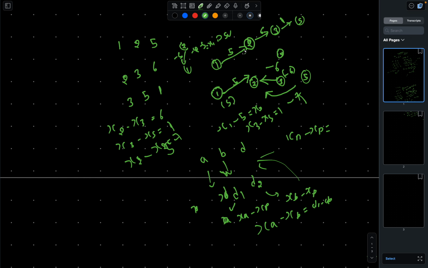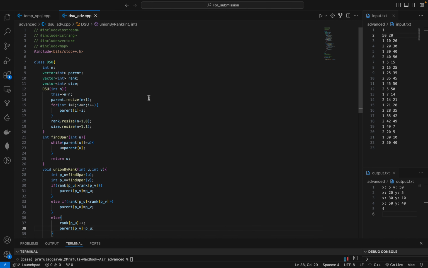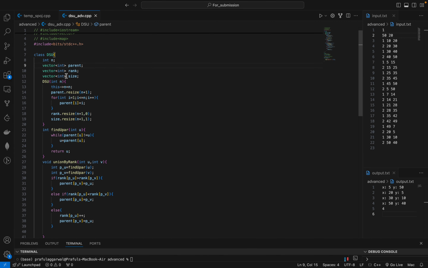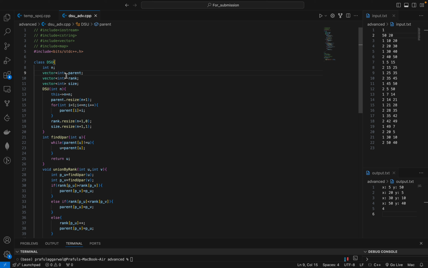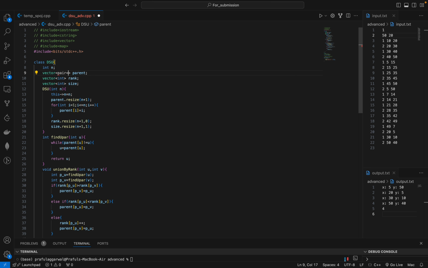Okay, so now how are we going to implement this in code? Let's see. This is a normal disjoint set. What we want to change is, we not only want to store the parent, but we also want to store the weight between the node and its parent, right? So we will take a pair.